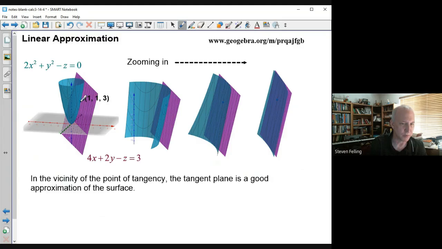But if you zoom in on the point of contact, this gets to be a gentler and gentler curve until, as you get farther in, the tangent plane does start to closely approximate this over a small region. Maybe only a very small region, but over a very small region, the tangent plane is a decent approximation for the surface itself. Okay, so that's the idea behind linear approximations.